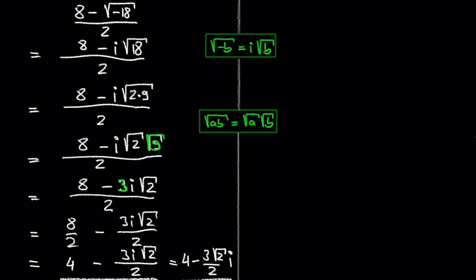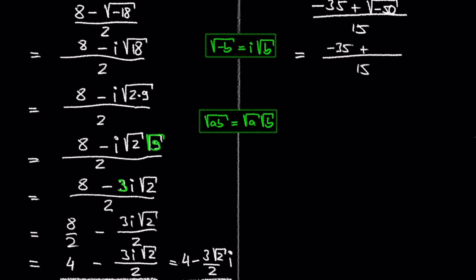What about this last example? Negative 35 plus the square root of negative 50, over 15. The square root of negative 50 is I times the square root of 50, and 50 is 2 times 25.